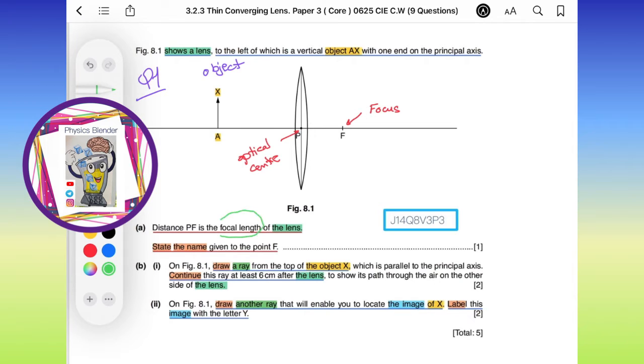So the focal length is the distance between the optical center and the focus. So the answer to this one, the name given to point F, is focus or principal focus.